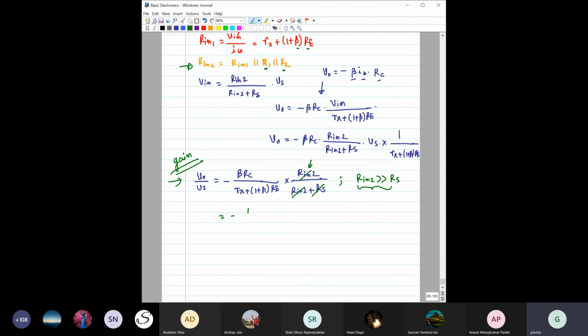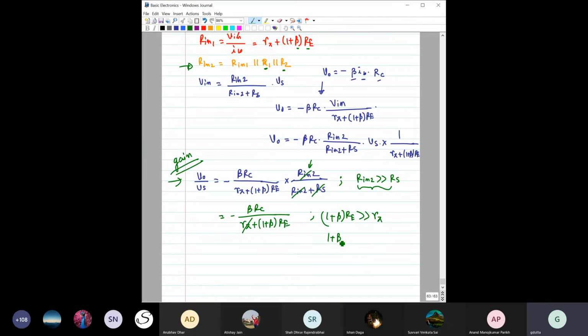So then this term becomes beta RC by R pi plus 1 plus beta RE, right? After this, now here we'll make one more assumption: 1 plus beta into RE. We are taking some value of RE and it is multiplied with 1 plus beta, so this becomes quite a large value, right? And if this is much greater than this R pi, then you can neglect this R pi, right?